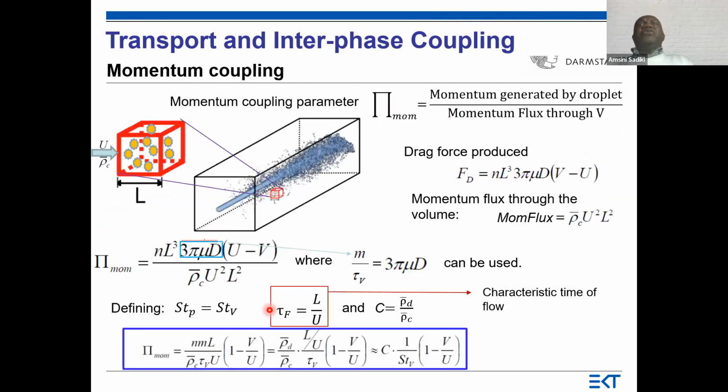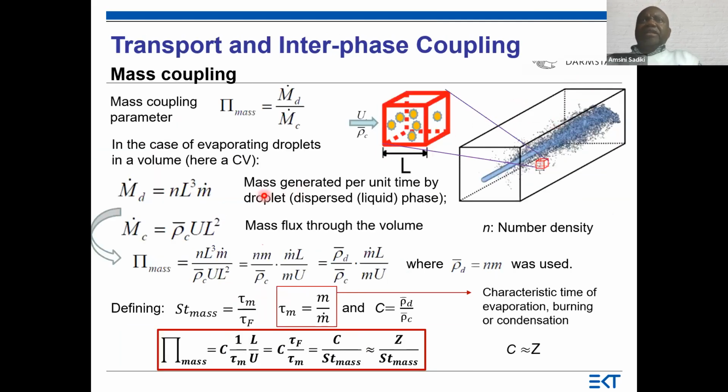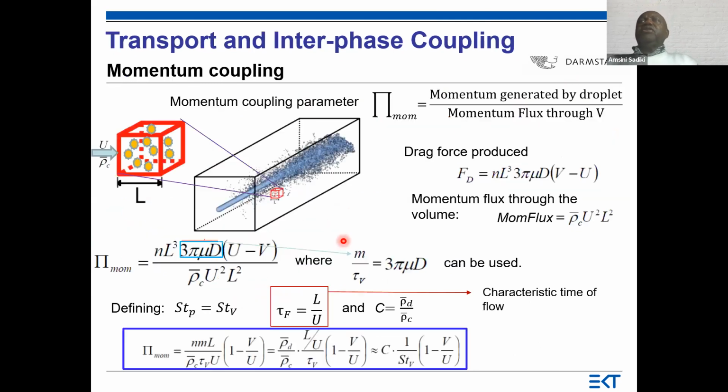We can do the same for the momentum coupling. It will be also defined in this form: momentum generated by droplets divided by the momentum flux through the volume. It is exactly what we did here. So the mass generated by droplet divided by mass flux through the volume.